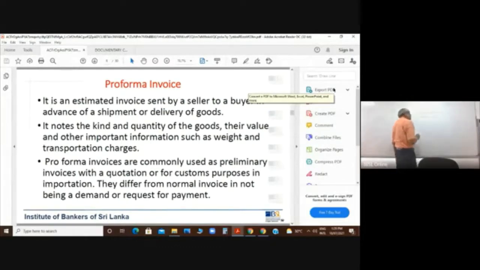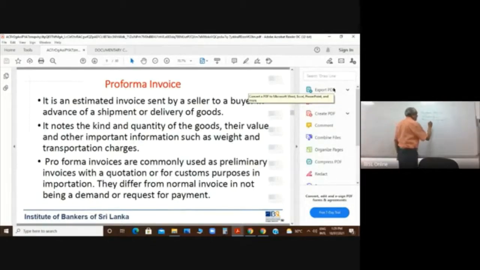Toyota Yaris, right? 5 Toyota Yaris cars, right? Then we give the amount, US dollars 10,000 per unit.